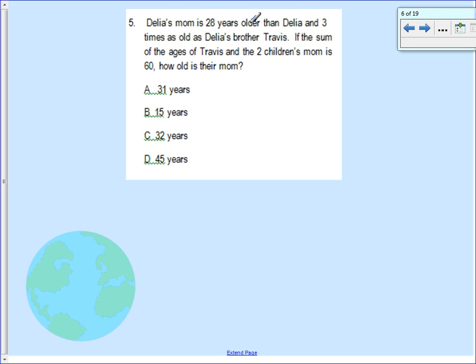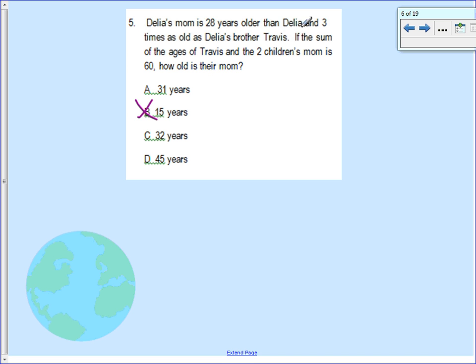Delia's mom is 28 years older than Delia and 3 times as old as Delia's brother Travis. If the sum of the ages of Travis and the 2 children's mom is 60, how old is their mom? Obviously, I know she's not 15 years old. If you're 28 years older, the child would be how old? 3.